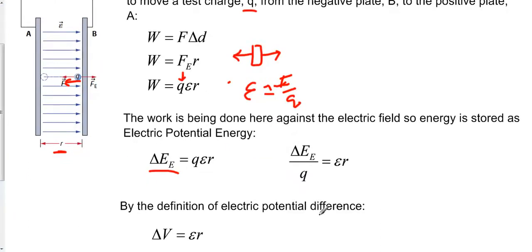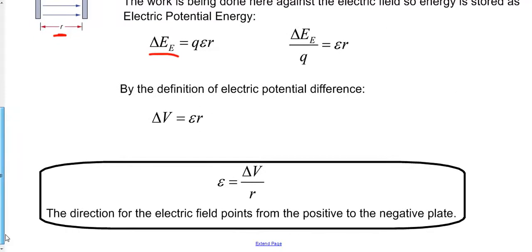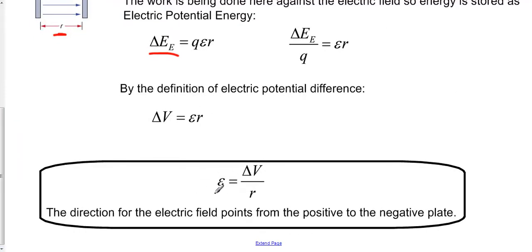That's our definition for potential, which means then the change in voltage, or the change in electric potential, or the electric potential difference, is given by E times r. Or we can sum it up nicely, even put it in a box for us here, that the electric field inside of a parallel plate capacitor is just given by the voltage, or the electric potential difference across the plates, divided by their separation.